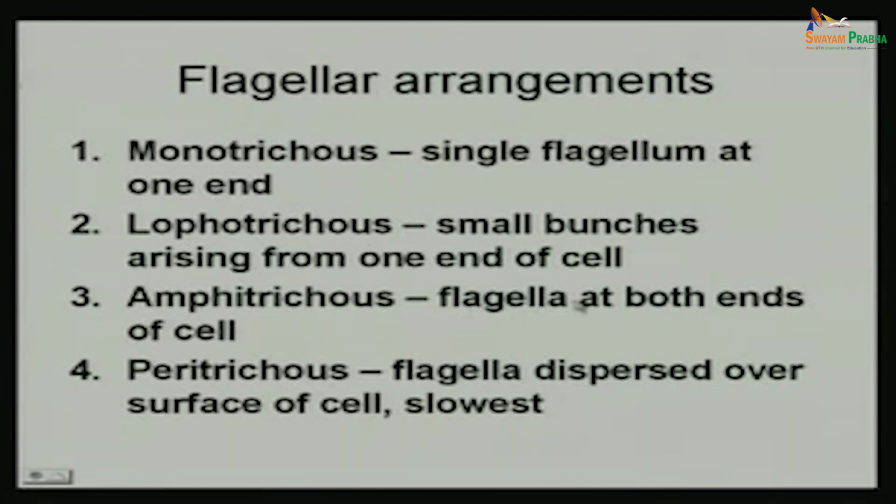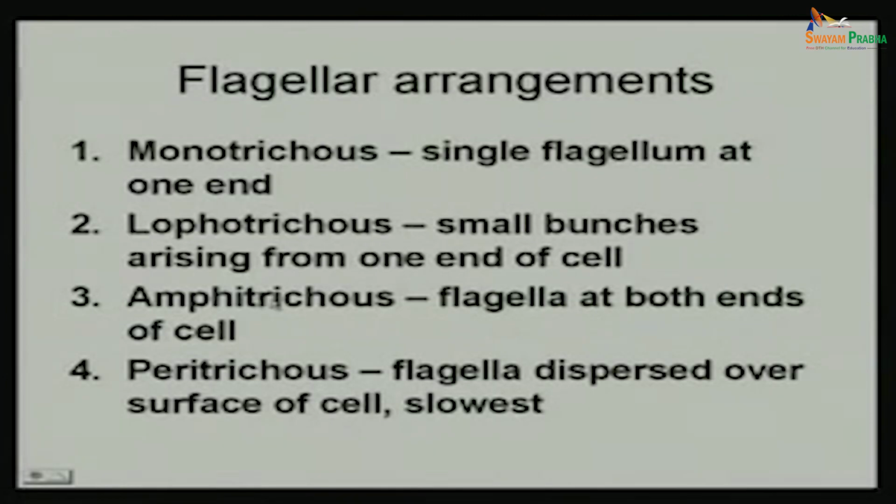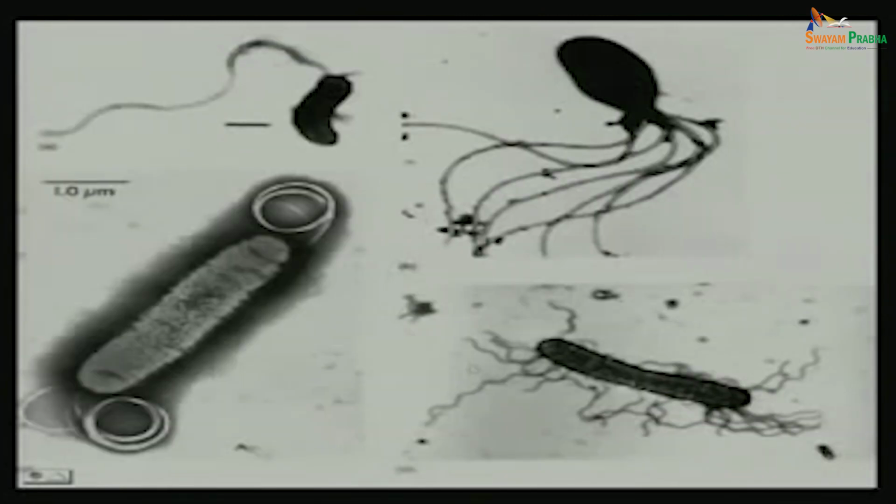When flagella are present at both ends of the cell, it is called amphitrichous, and when the flagella are uniformly distributed throughout the bacterial cell, it is called peritrichous arrangement. So, this way the flagellar arrangements are there.